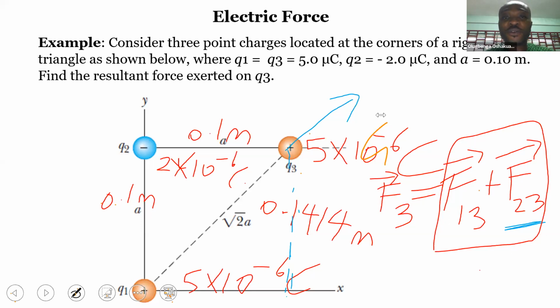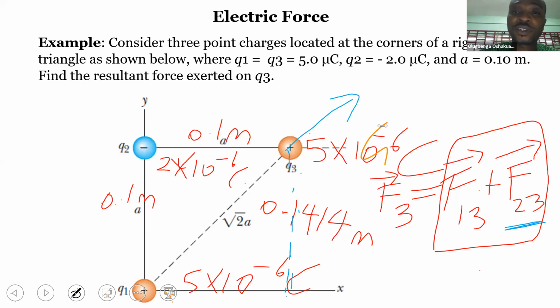But if you say F12, according to our convention, we are talking about the force that Q1 is exerting on Q2. And if you say F21, we're talking about the force that Q2 is exerting on Q1. So when you add them together, it should give you 0, because these two forces are acting in opposite directions and they have the same magnitude. So they should add up to 0.